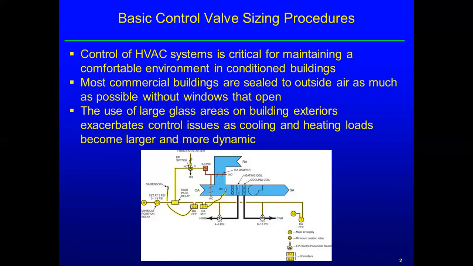Architects love to design monuments to themselves, and a major part of that is having these large expansive windows, and that makes control more difficult and makes heating and cooling loads spike more than they would otherwise with more typical construction.